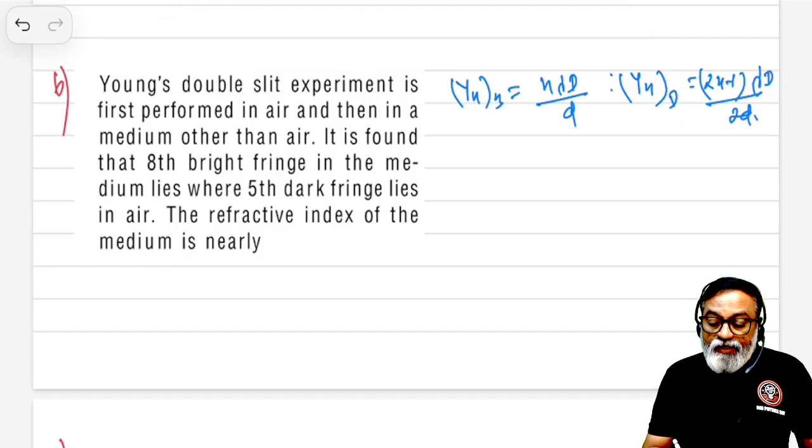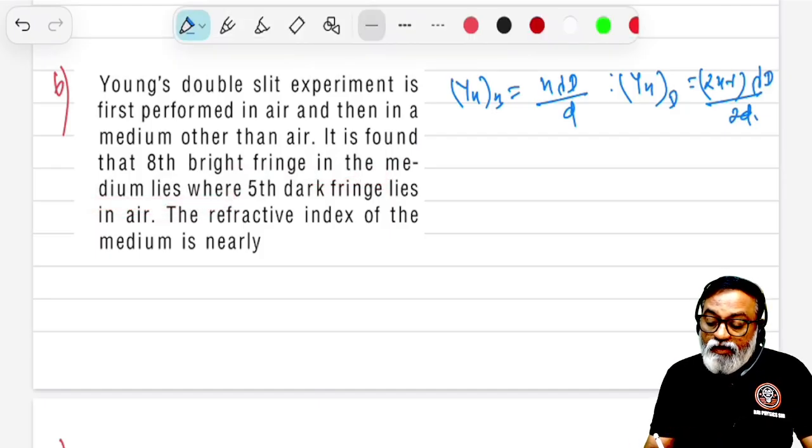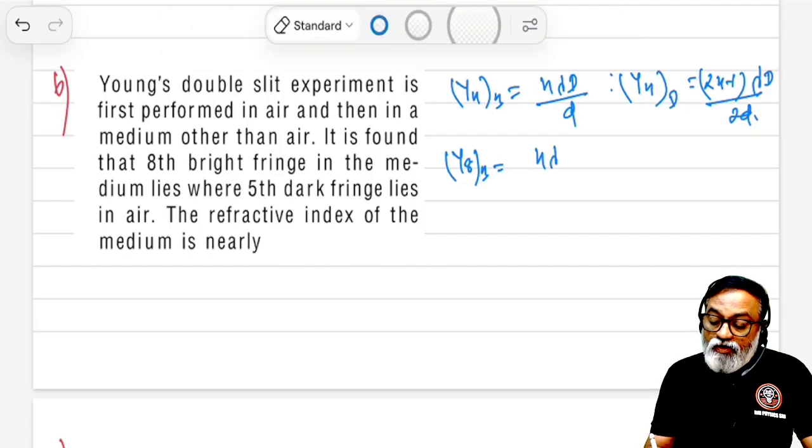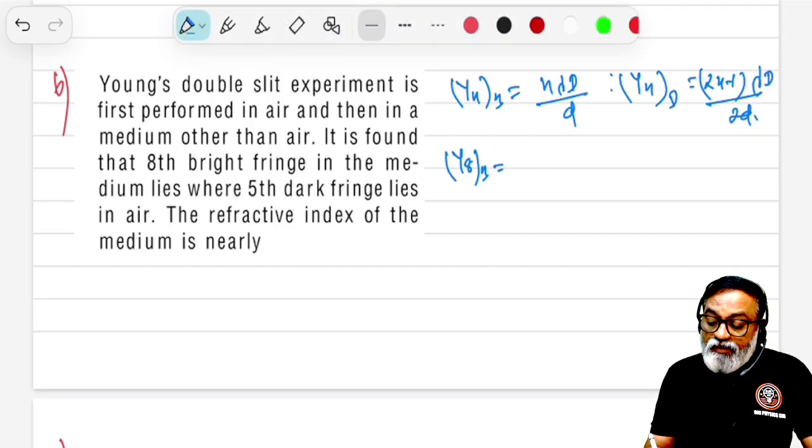Here it is found that the eighth bright fringe in the medium, therefore y8 bright in the medium means lambda becomes lambda by mu, so n is 8: 8 lambda D by mu d.